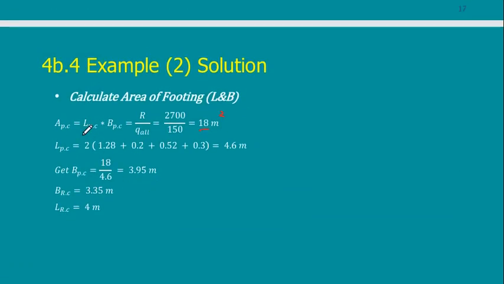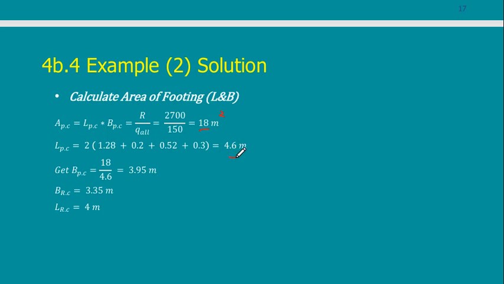Here, if you look, I multiply by 2 because I'm dealing with half only of the footing. So half of the footing is 1.28 plus 0.2, which is half the thickness of the column, plus 0.52, which is the dimension that I have assumed, plus 0.3, the protrusion. I end up having a footing where the L is 4.6.